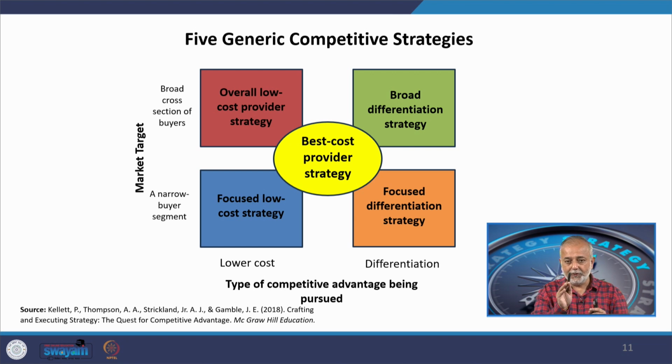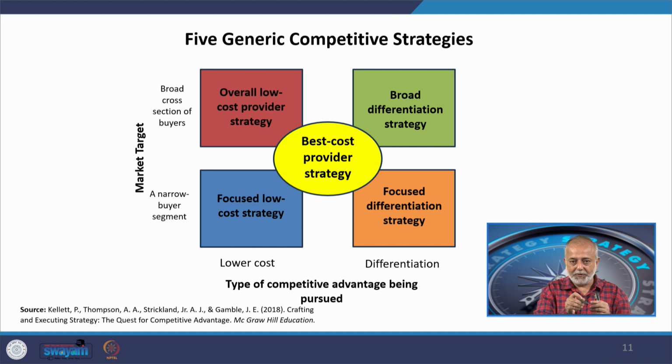That means they would not be going for fundamental differentiation, because that might require costs as well. And on the other side, people who are managing lower cost with a narrow buyer segment are focusing upon their value chain and the cost itself. We will be talking about these, but this is quite evident in front of us.